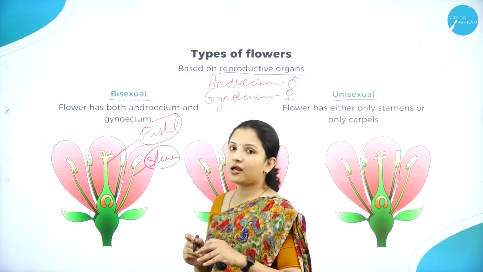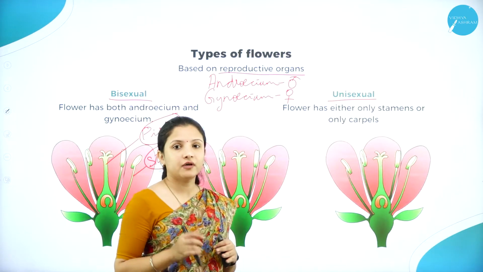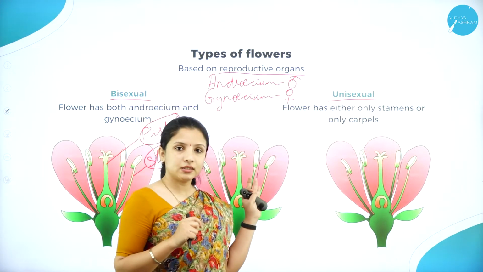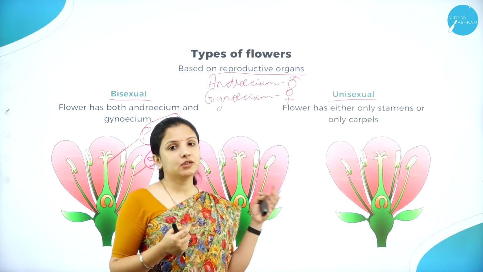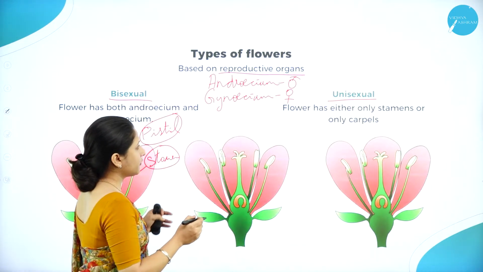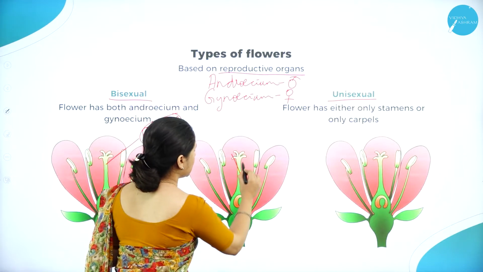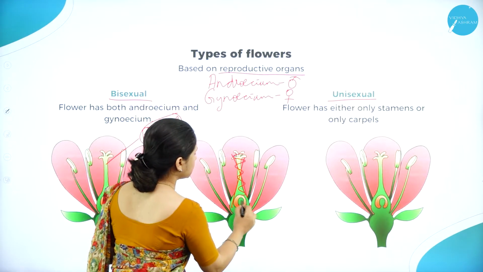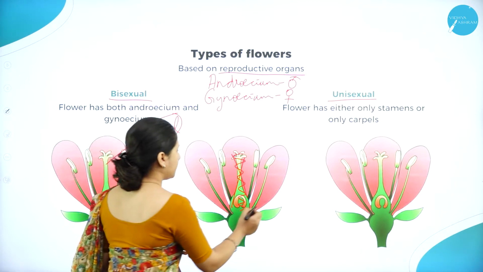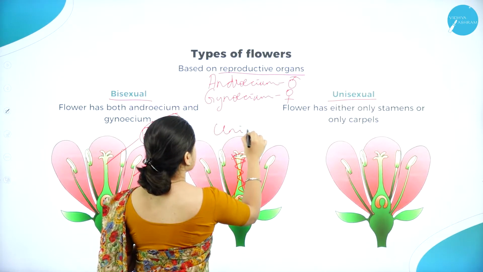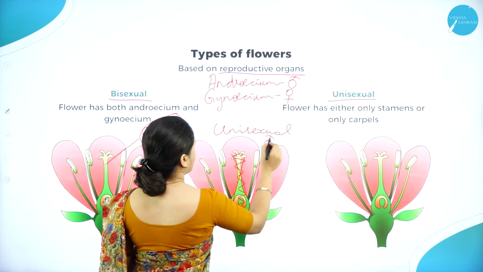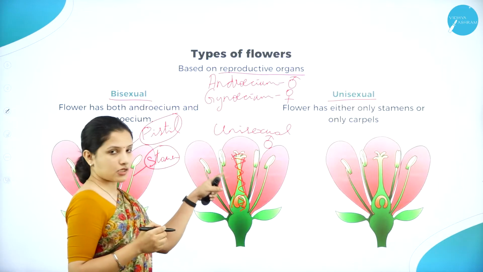And on the other hand, in a unisexual flower, here uni means one, single. So here either the male reproductive part may be present or the female reproductive part may be present. I'll just show you here. Say for example, this particular part is not there, and only the anthers are present. It is a unisexual flower. Again, this is also unisexual, having only the male reproductive part, that is the andrecium.